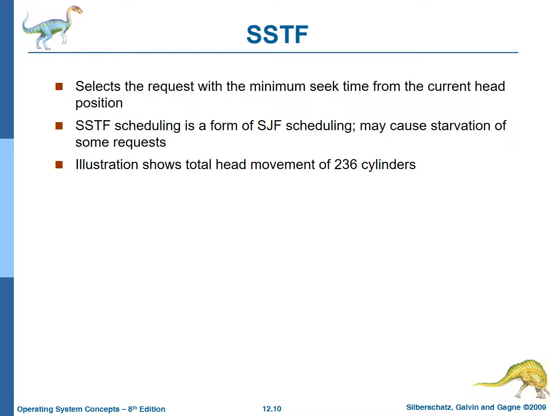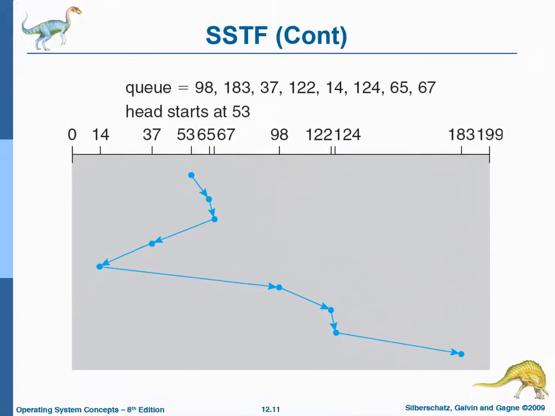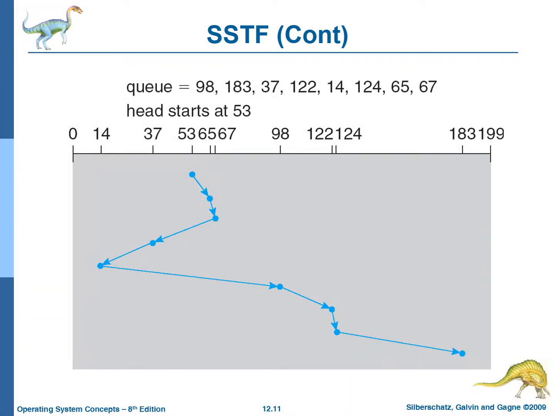SSTF, or shortest seek time first. Select the request with the minimum seek time from the current head position. SSTF scheduling is a form of SJF, or shortest job first scheduling, and may cause starvation of some requests. Here it shows a total movement of 236 cylinders with a queue of 98 and so on. The head starts at 53.